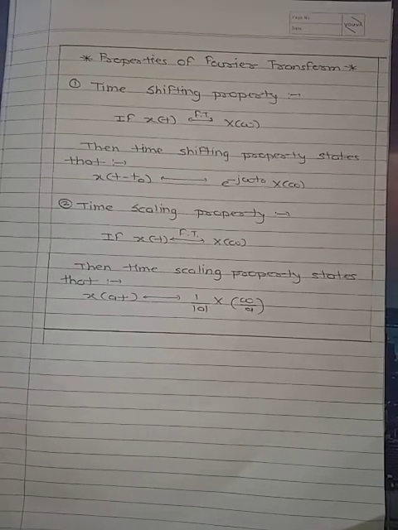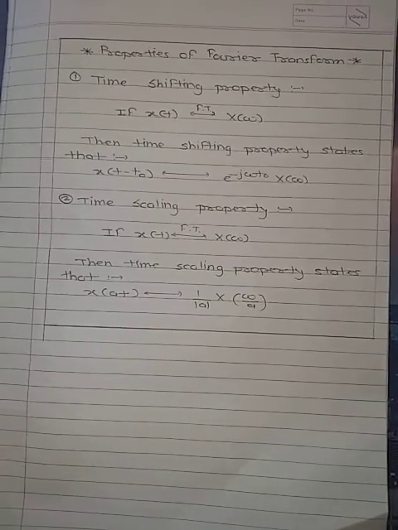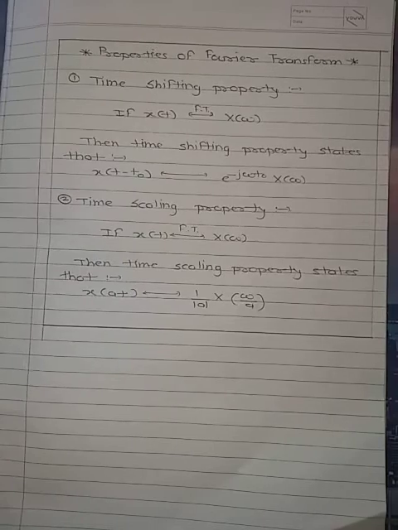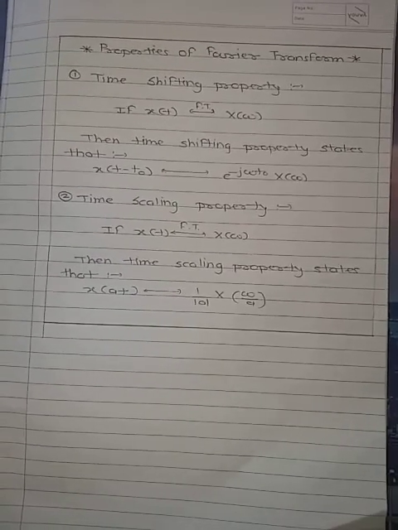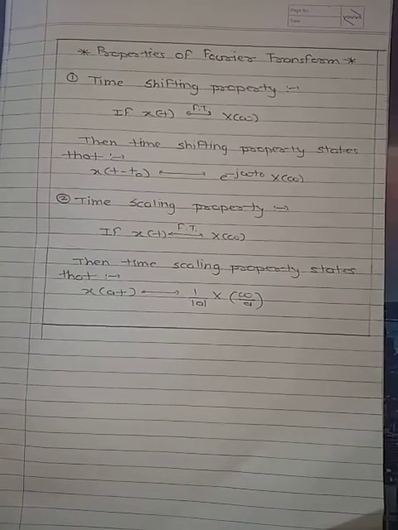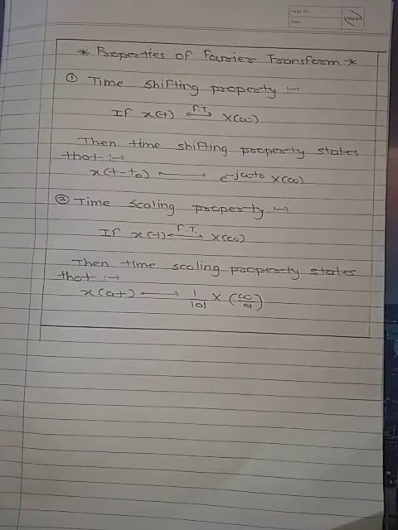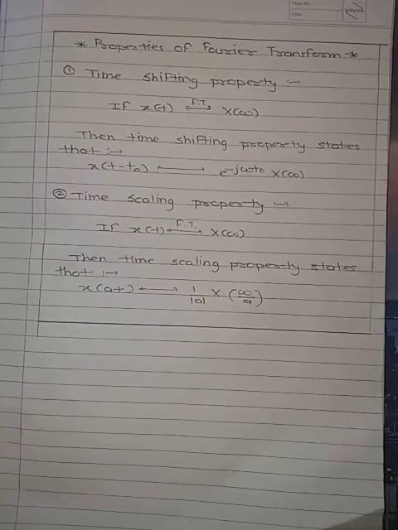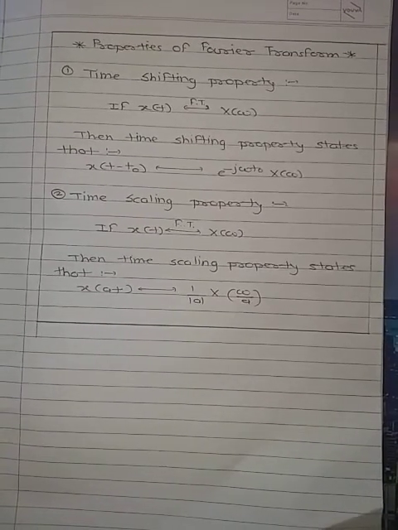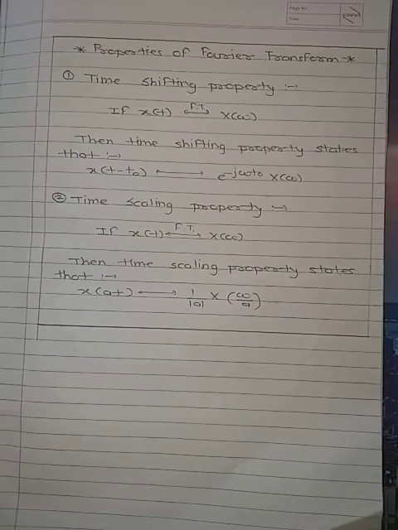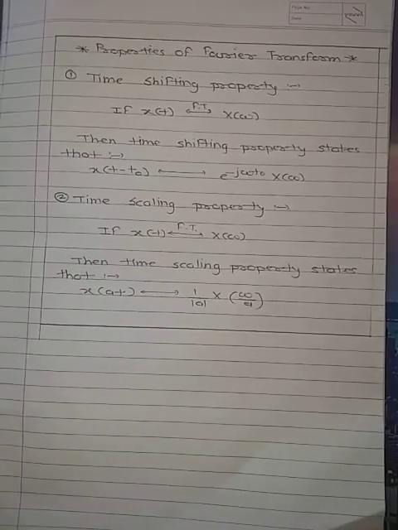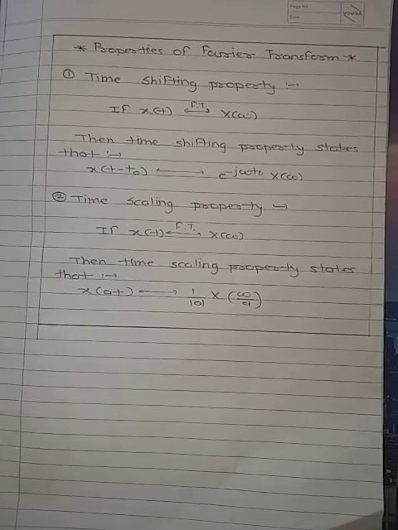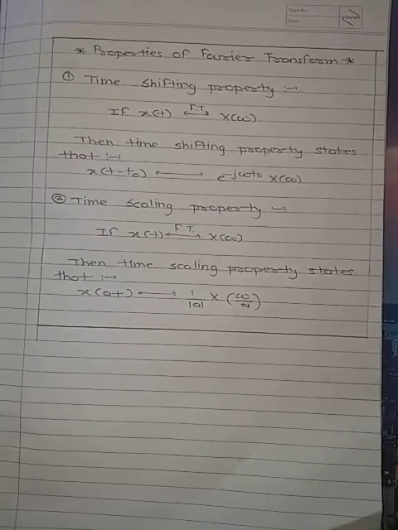And the second property we have is time scaling property. The time scaling property is if x of t has Fourier transform of X of omega, then time scaling property states that if a is the factor of scaling, then x of at has Fourier transform of 1 upon mod a multiplied by X of omega upon a.